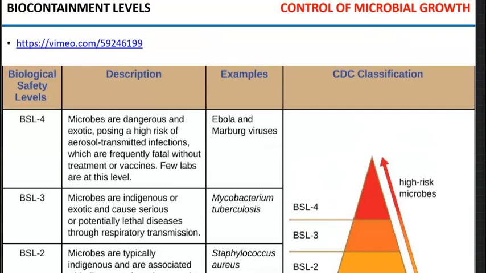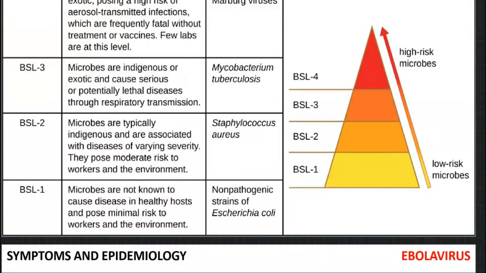Now, obviously, it's always better to prevent microorganisms from getting free than to fight them when they are established themselves in the environment. So in order to prevent microorganisms from spreading, we have containment levels. I'm going to start with the BSL-1 containment level.